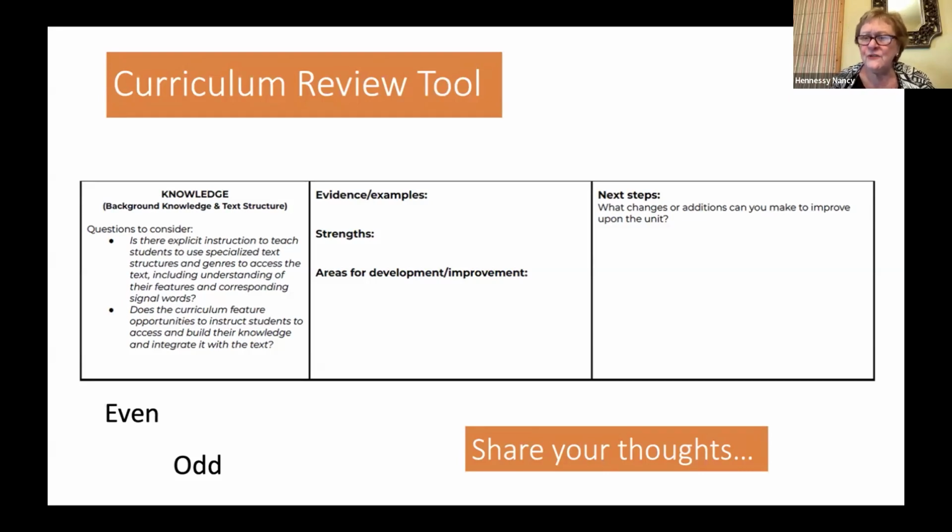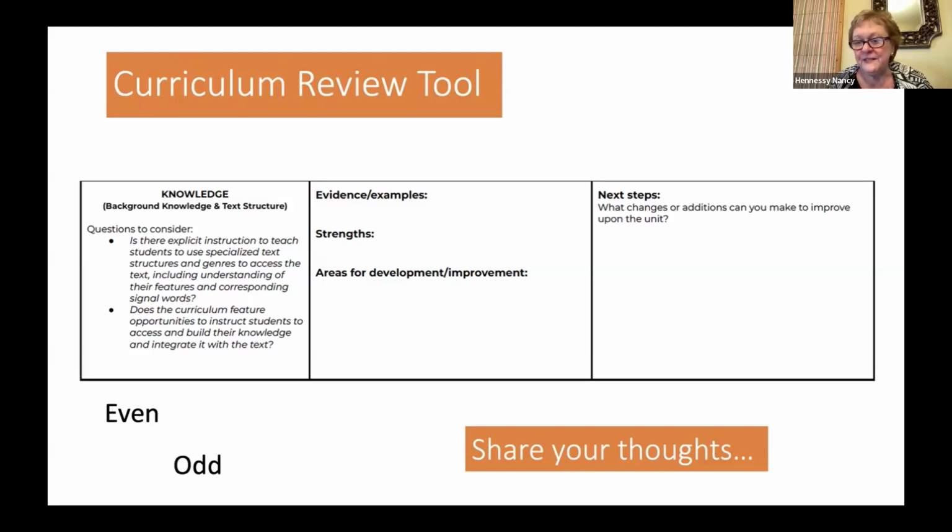We want you to have a conversation about this in terms of what you currently do, and if you think there are other things we should be adding, because this curriculum review tool is the result of people asking us for something that helps them think about their curricula and program. It's very much a draft, so we're very open to suggestions.